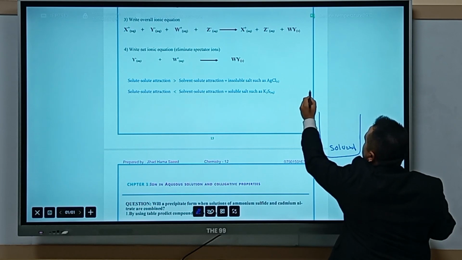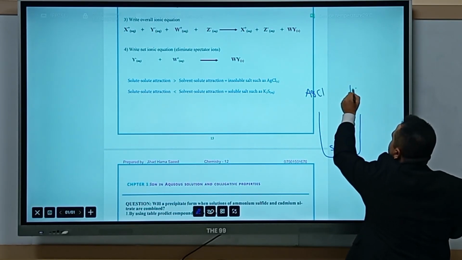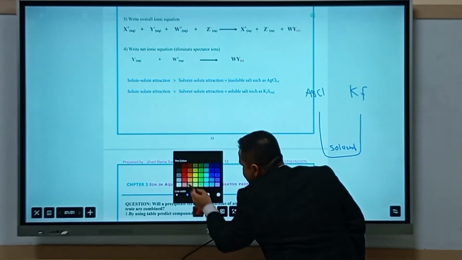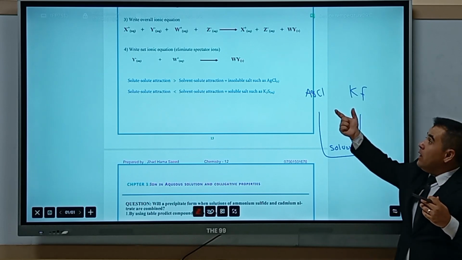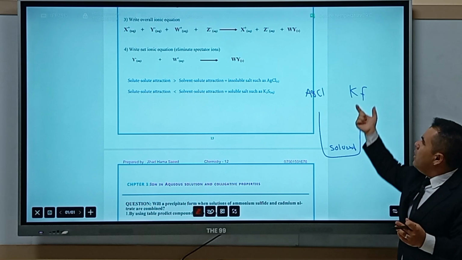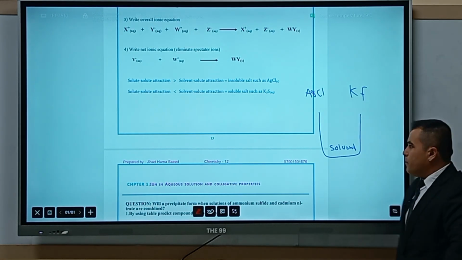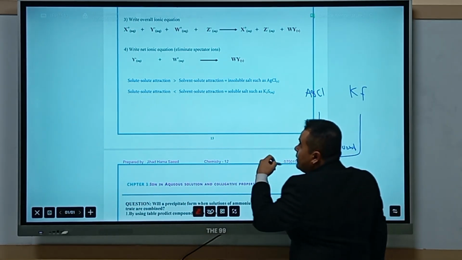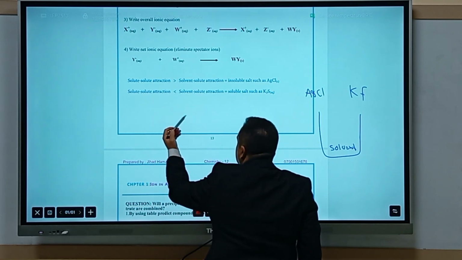For example, let me write AgCl with KF. What's the reason why, when we add AgCl, it does not dissolve, and when we add KF, it dissolves and dissociates? There are two types of forces or attractions.